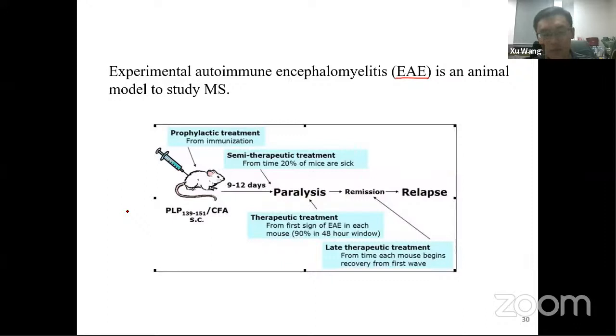If the mouse receives the peptide, then T cells and other immune cells will recognize this injected peptide and then attack myelin, because myelin is similar to this peptide. So after 10 days, mice will develop symptoms, for example, the paralysis of hind limbs and tails.